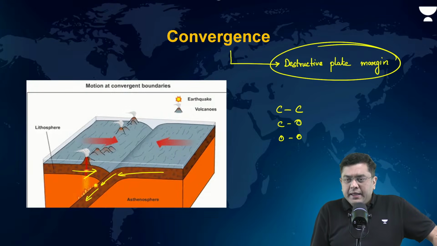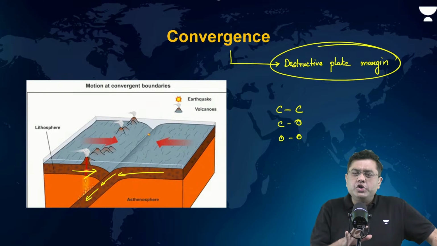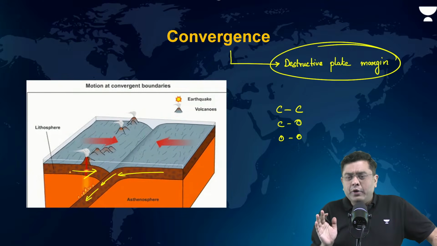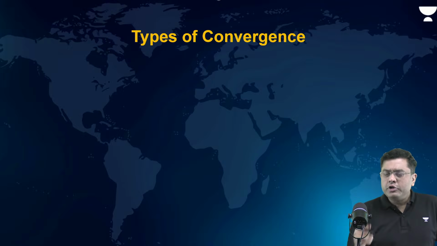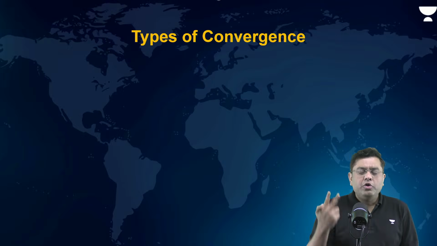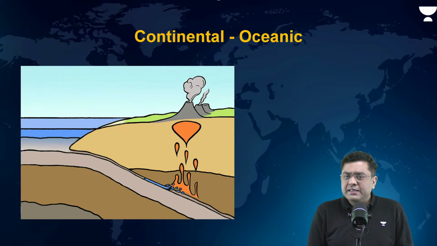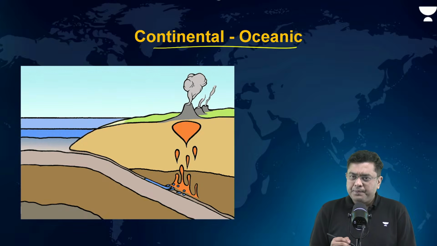Now, let us take a brief look at each of these different types. It is not mentioned in NCERT, but your study will be incomplete if you don't know the details of it. So, types of convergences will be threefold: continental continental, oceanic oceanic, and continental oceanic. Starting first of all with the case of continental oceanic convergence.